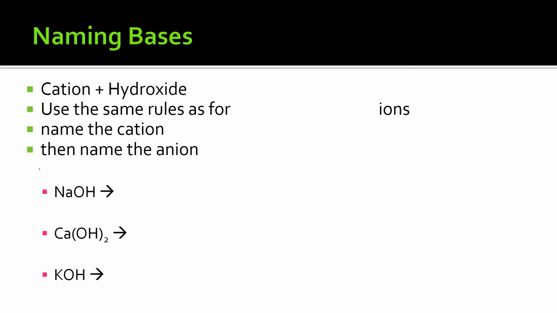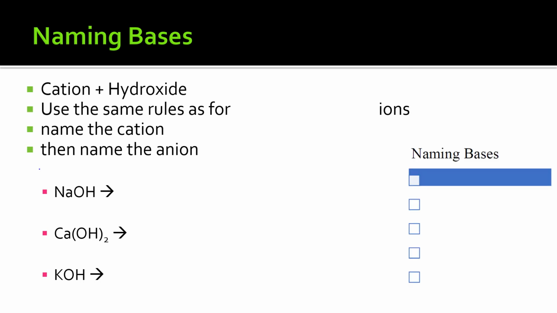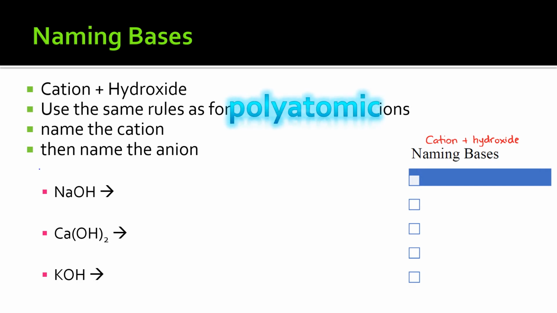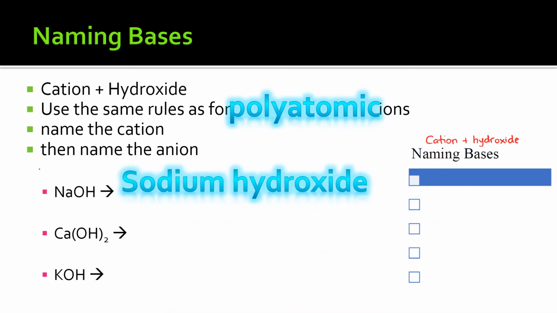Naming bases. So bases are just cations and hydroxide. I want you guys to write that down: cation plus hydroxide. To name it, we use the same rules as for the polyatomic ions. We name the cation as is, name the anion as is.